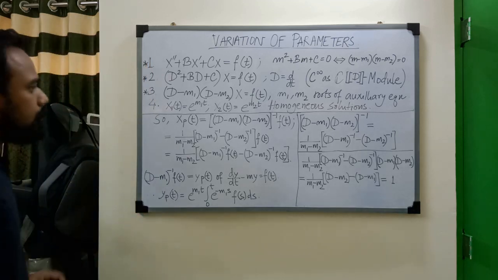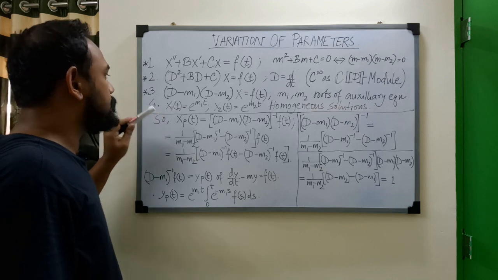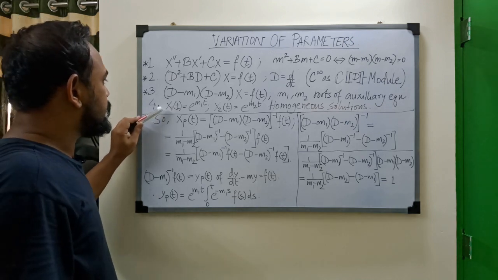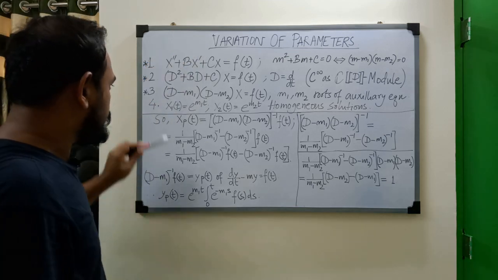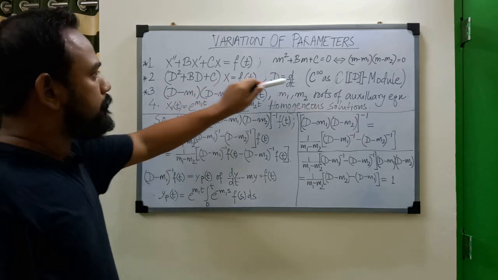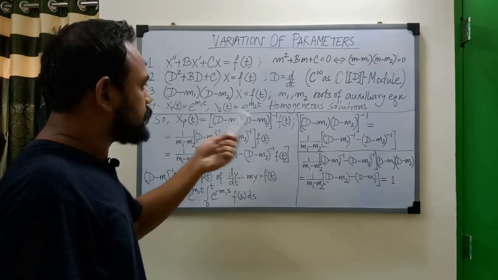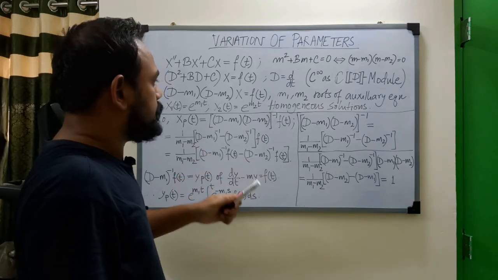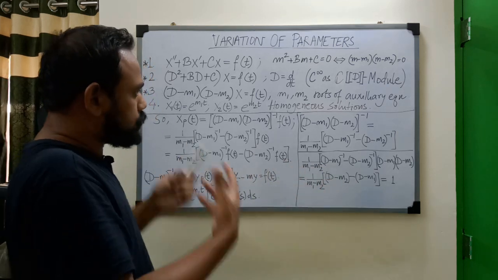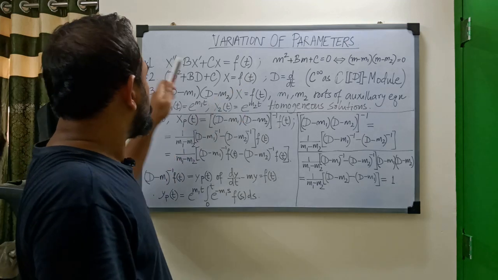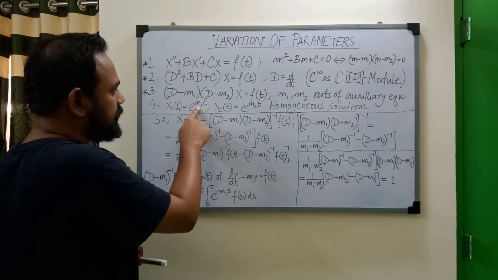Now I have this fourth point. It's a very important point, because this is what I need to find the formula for the variation of parameters. If m1 and m2 are the roots of the auxiliary equation, then the two homogeneous solutions, in other words, the two parts of the complementary function of the homogeneous part of this equation, were e to the power m1t and e to the power m2t.